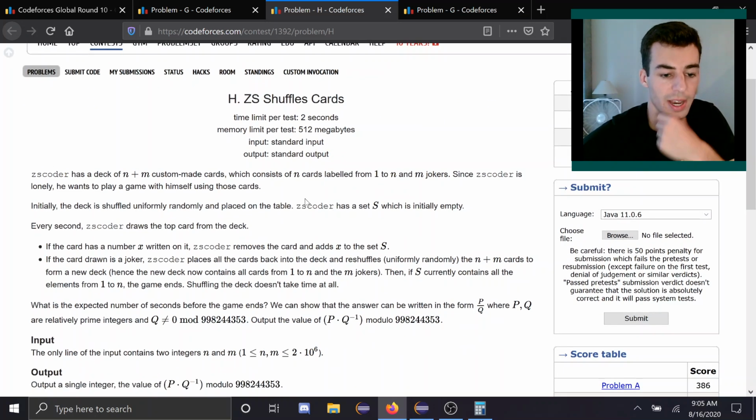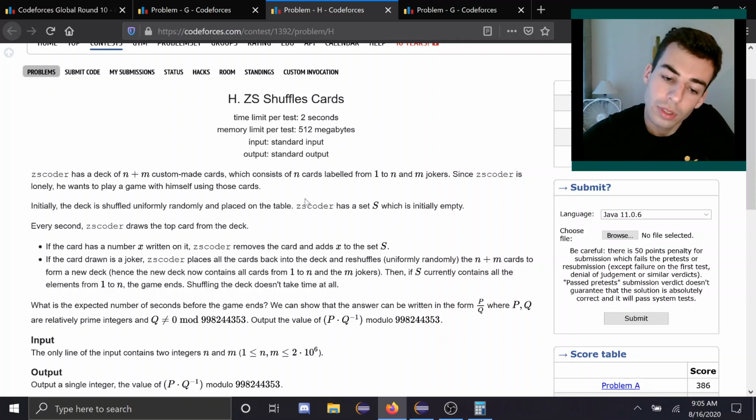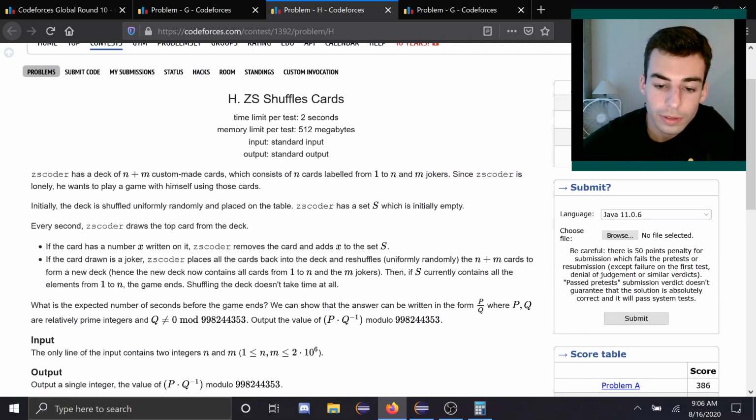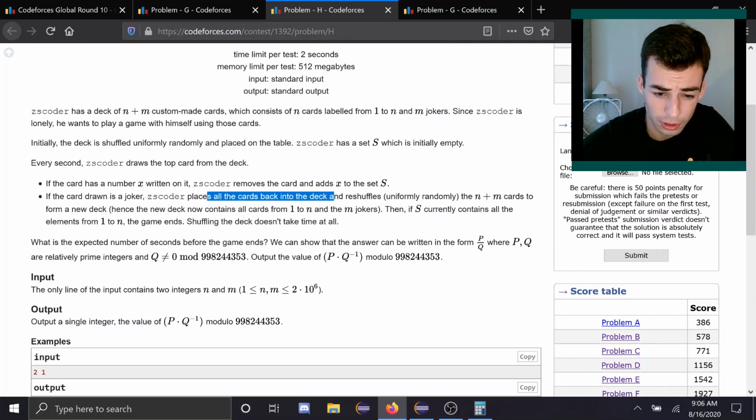Problem H. You've got a deck of n plus m cards, which consists of n cards labeled 1 to n and m jokers. Initially, the deck is shuffled uniformly at random and placed on the table. You've got a set which is initially empty. Each second, you draw the top card from the deck. If the card has number X written on it, you remove the card and add X to your set. Oh, there are jokers too? Yeah, m jokers, got it. If it's a joker, you place all cards back into the deck and reshuffle to form a new deck.